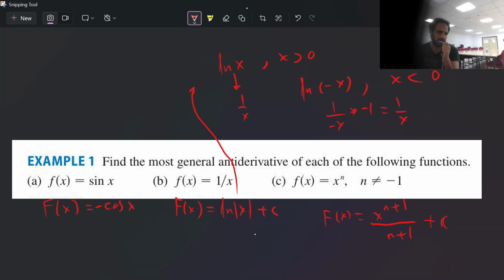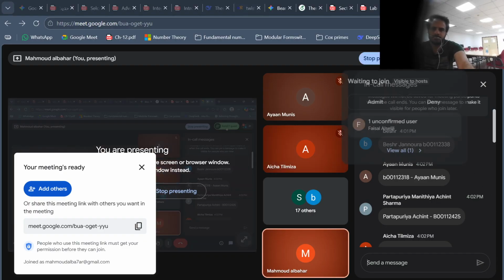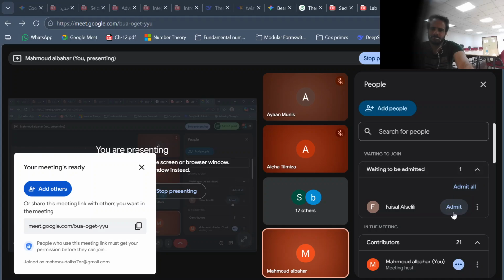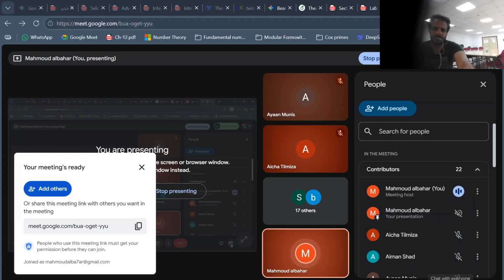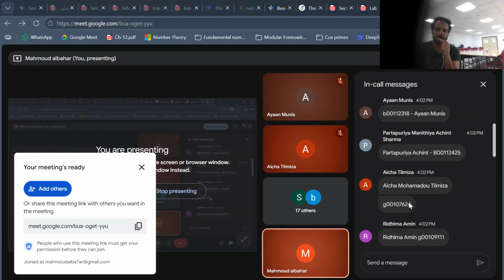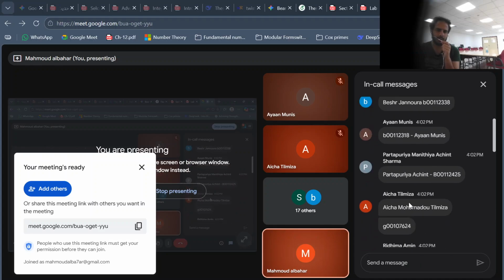Now let's get back to part B. You remember that we add a constant because of the theorem from 4.2, right?